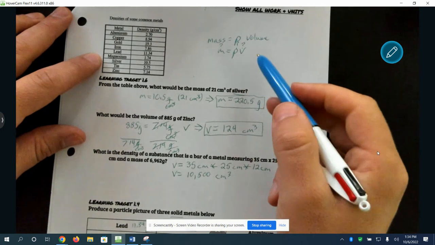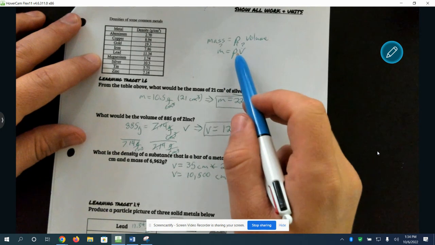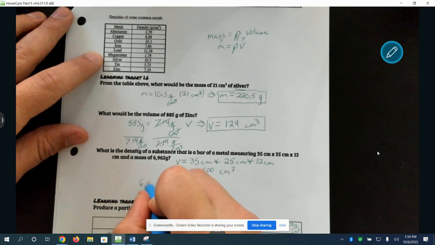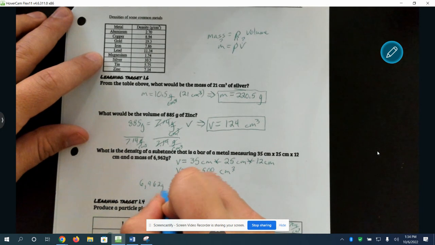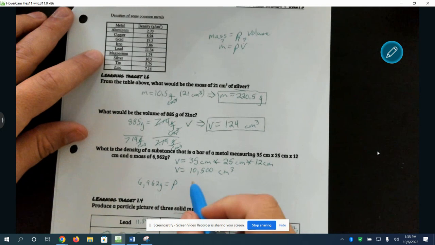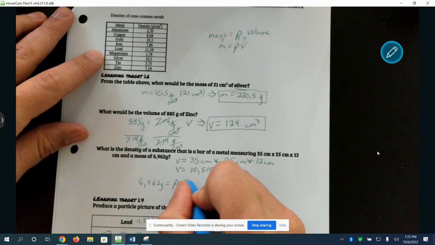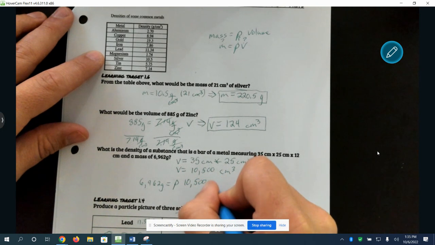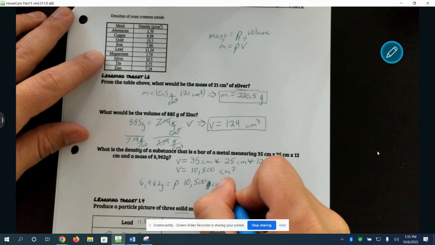So now I know from this equation my mass, my volume, and I'm going to solve for my density. So my mass is 6,962 grams, which is going to equal my density, which I'm going to solve for, times my volume, which is 10,500 centimeters cubed.